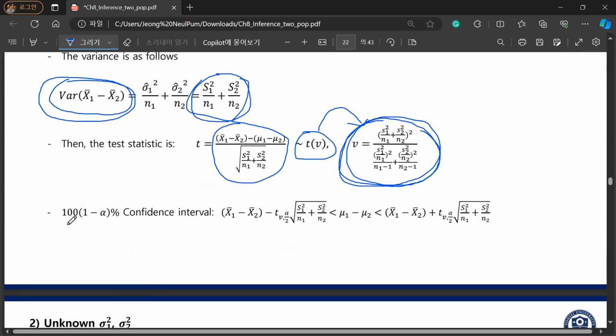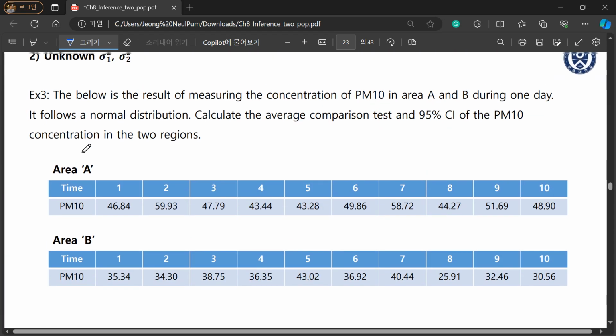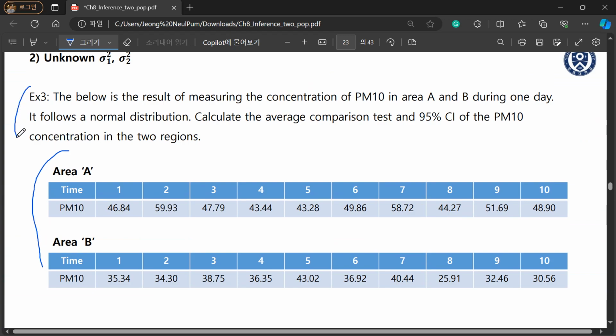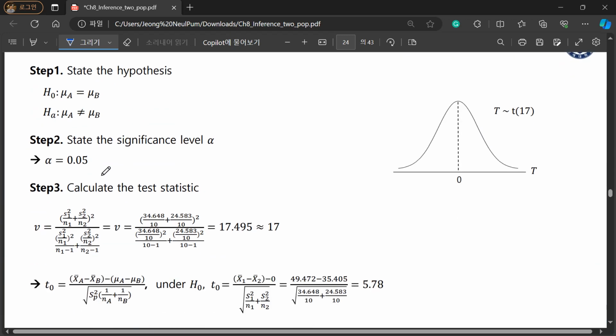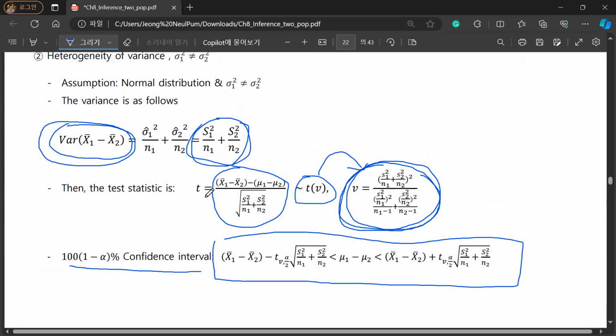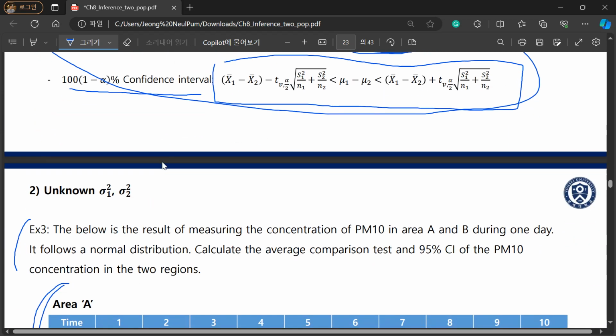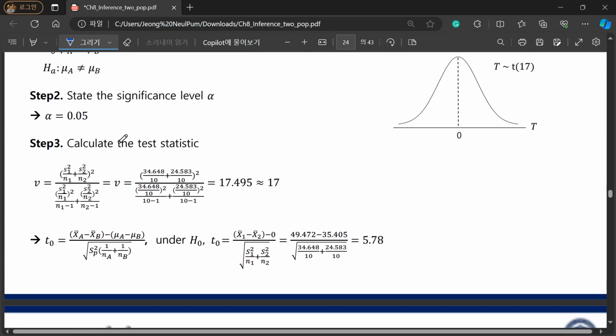And then the confidence interval formula is the same as this one. For this example, we use the same sample. Actually, we are doing the same thing, but in different situations. So we have to follow this process when getting the test statistic or the confidence interval.